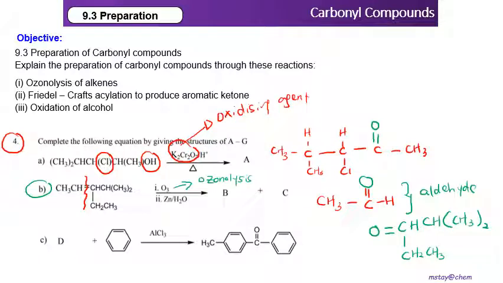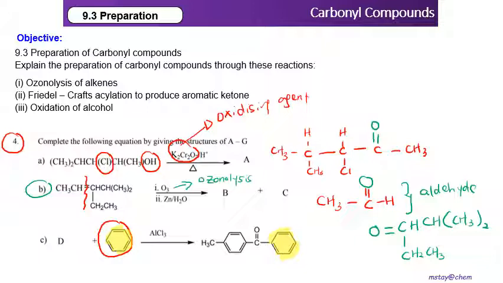Last one basically is the Friedel-Crafts acylation, because we can see there is a benzene. So from here we know that this part of the structure is from the benzene, which is similar with this one.